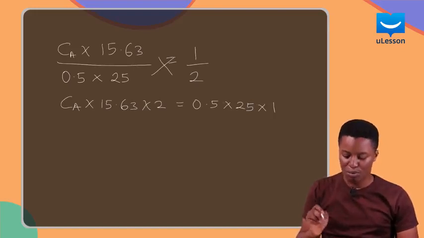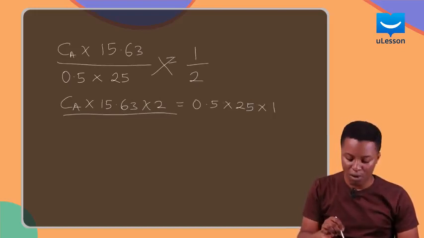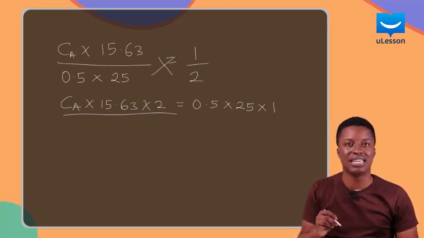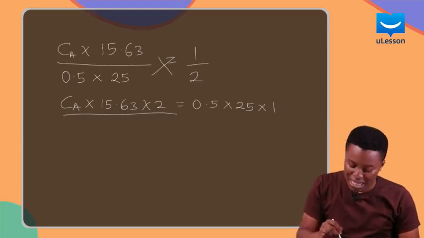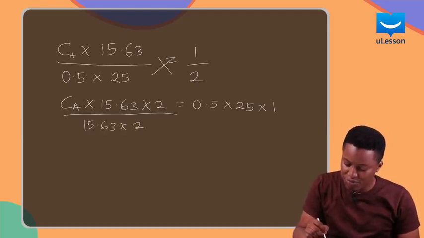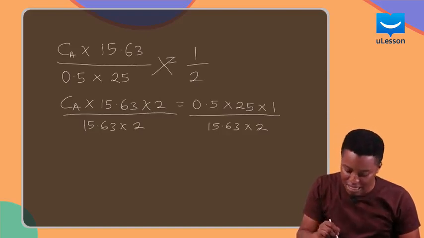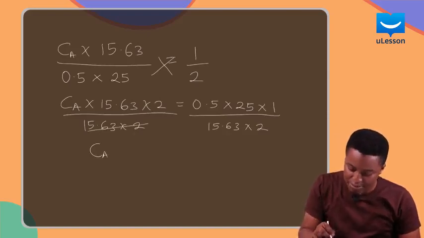Next, we multiply by the reciprocal of all that is attached to Ca. Basically, divide both sides by 15.63 times 2. This enables us to get the value of Ca.